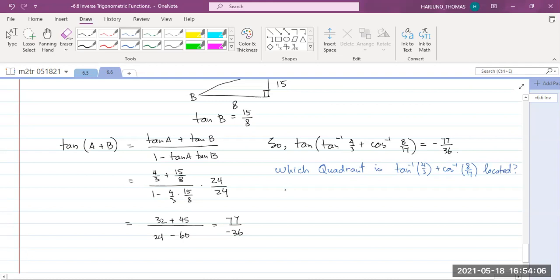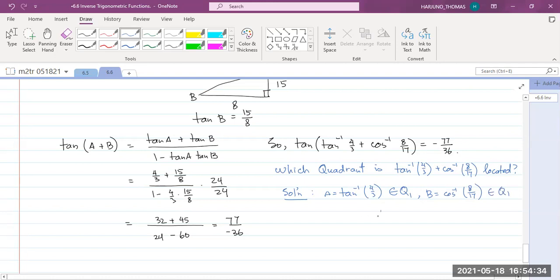Okay, now the solution will be as the following. Now tangent inverse 4/3, we call that A. That must be in quadrant 1, right? Because tangent inverse of a positive is in quadrant 1. Now cosine inverse of a positive is also in quadrant 1.